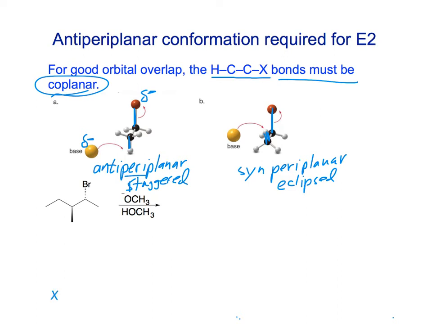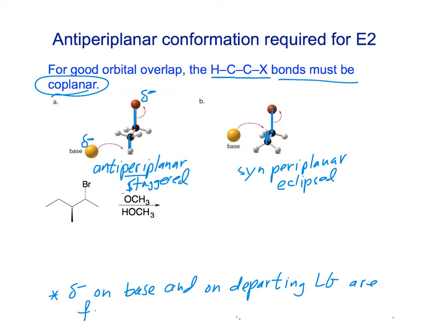Okay, so the delta minus on the base and on the departing leaving group are far apart in the anti-periplanar arrangement. Okay, and so this is the favored arrangement.